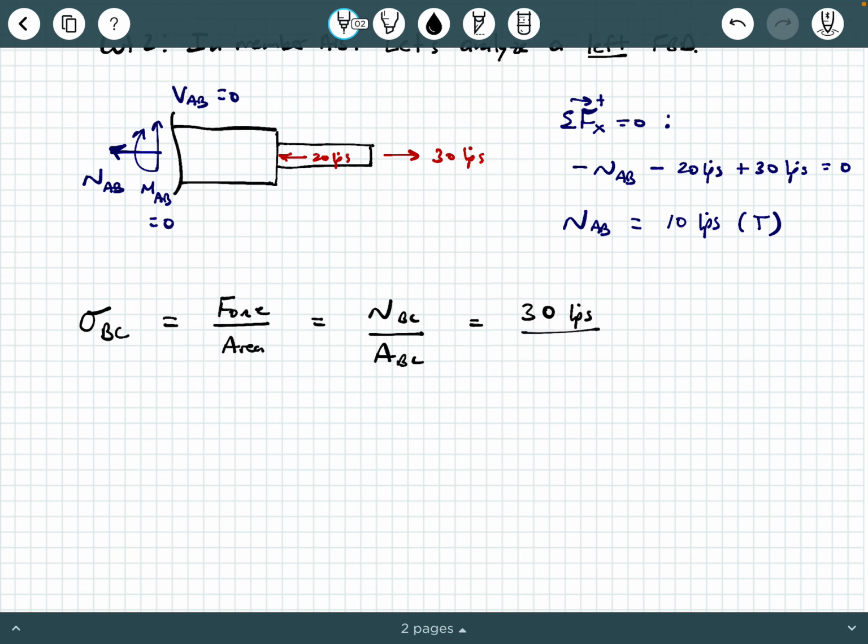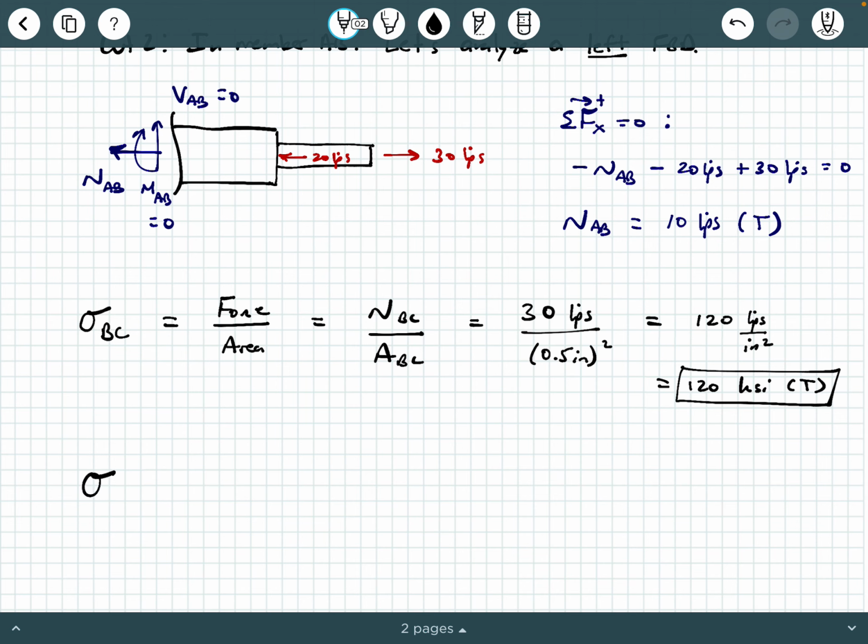And the cross-section area, it was a square, so it's 0.5 inches squared, okay? Just a square shape. And so we're going to say 30 divided by 0.5 times 0.5. And I get 120 kips per square inch. Or we sometimes call this KSI, okay? So you could call this 120 KSI, and that is in tension. So that is one of my answers, all right?